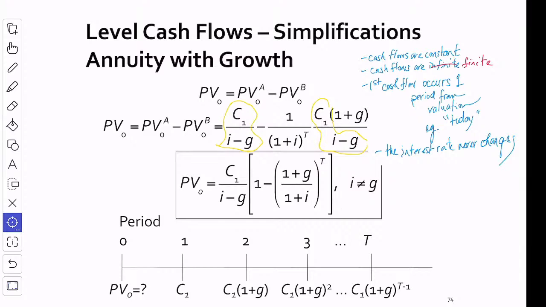The cash flows grow at a constant rate, G. Cash flows are finite. First cash flow occurs one period from today, and then the growth kicks in, so let's add that.